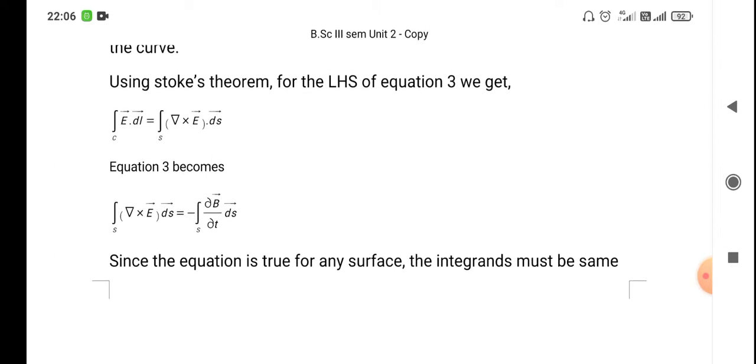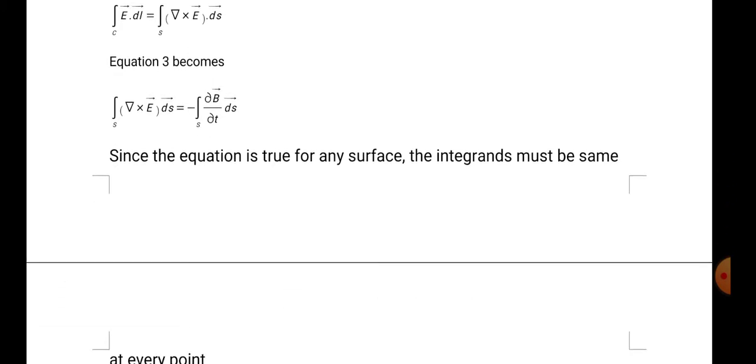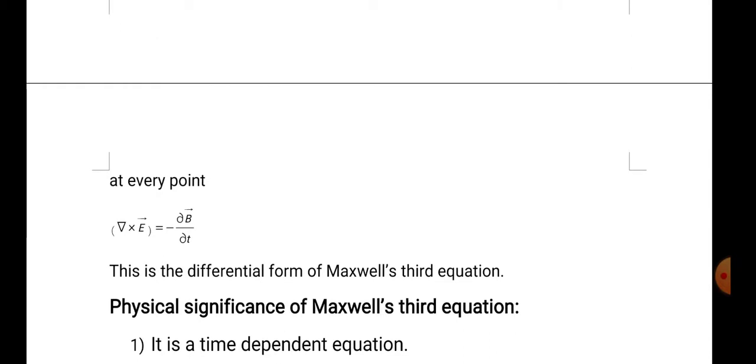Using Stokes theorem, the surface integration of curl of E bar dot ds bar is equal to minus del B by del t dot ds bar. Since the equation is true for any surface, at every point curl of E is equal to minus del B by del t, and this is the differential form of Maxwell's third equation.